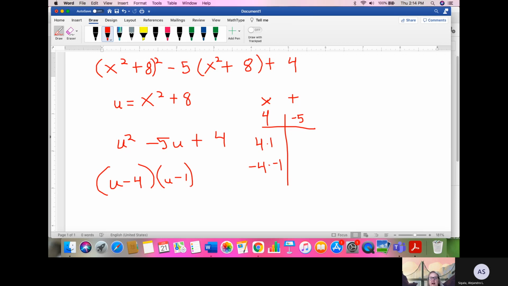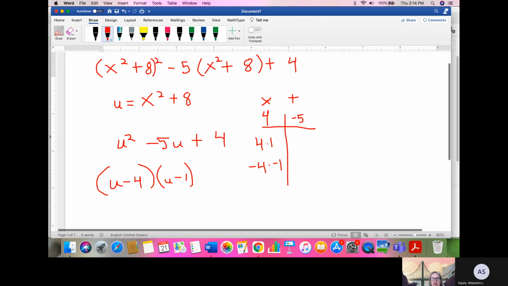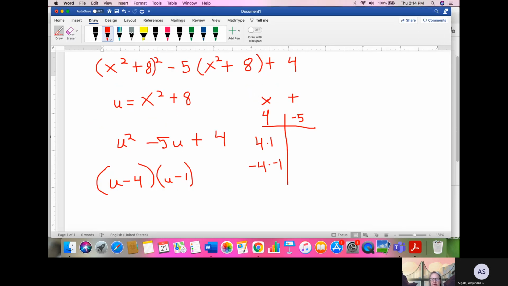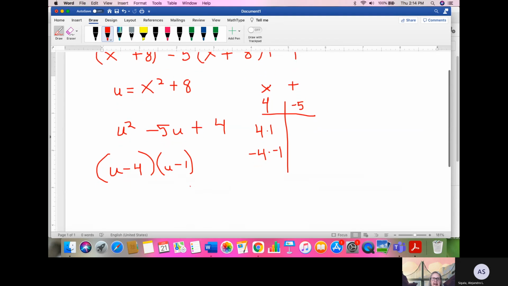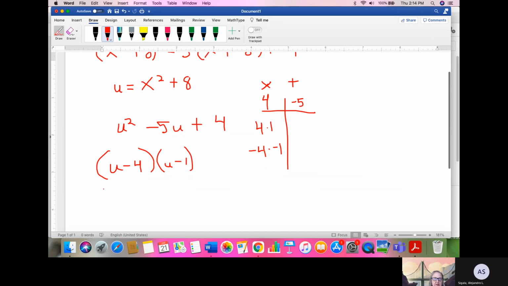Okay. So now the u has done its duty. It's done what we need it to. It helped us factor, basically. So we now need to go back to x's. So we're going to get, u is x squared plus 8. So x squared plus 8, and we can't forget about that -4.